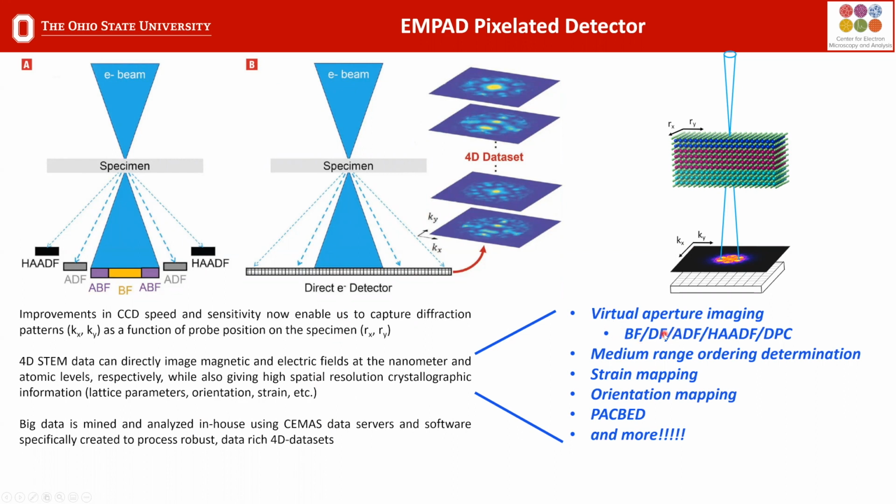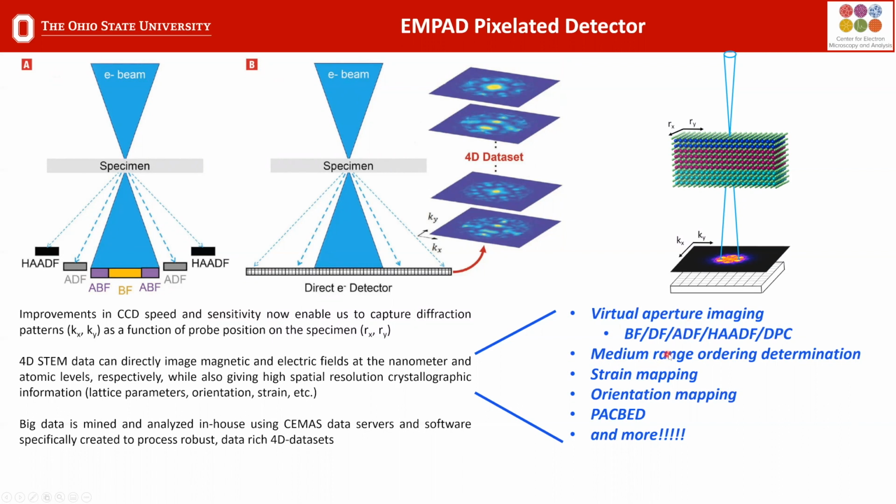If you capture all the information from the diffraction pattern, it's like walking away from the microscope with all your microscopy information, as opposed to what we used to do, which was take a snapshot of it and then have to explain all the things we did and keep a lab notebook and all this stuff. Now you can perform bright field imaging, dark field imaging, ADF, HAADF, DPC, iDPC, etc., all by taking one image with the right diffracting conditions.